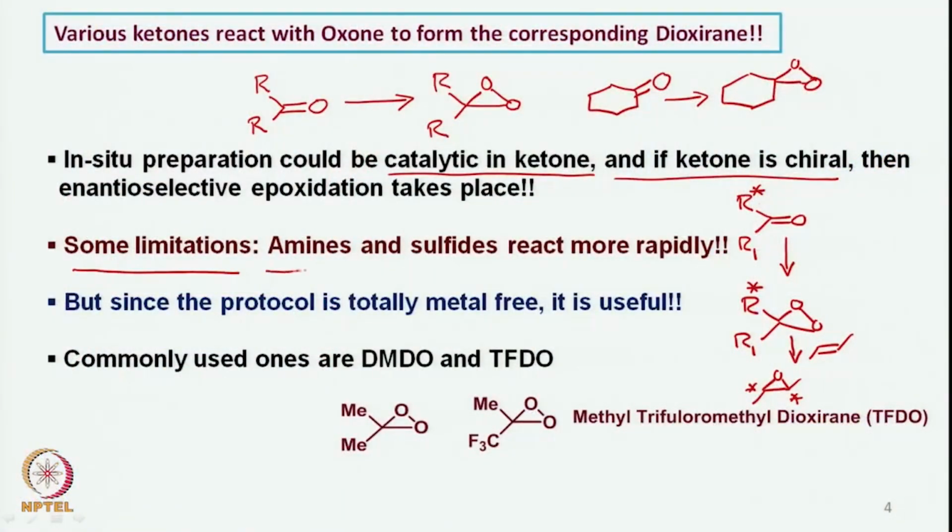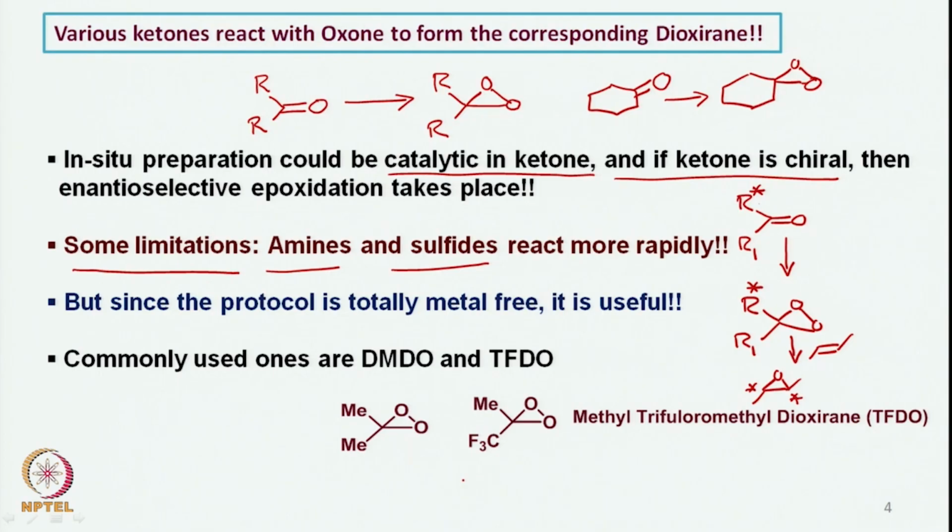That is the reason why there are some limitations, such as amines and sulfides also reacting with the dimethyl dioxirane even more rapidly than the double bond, obviously because we have a lone pair of electrons on the amine as well as on sulfides. But since this is a metal free protocol, it is useful and people use it.